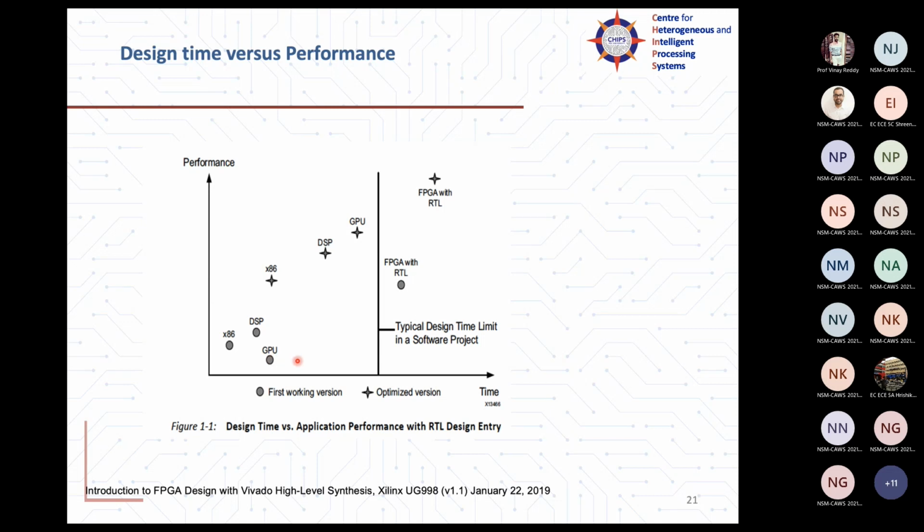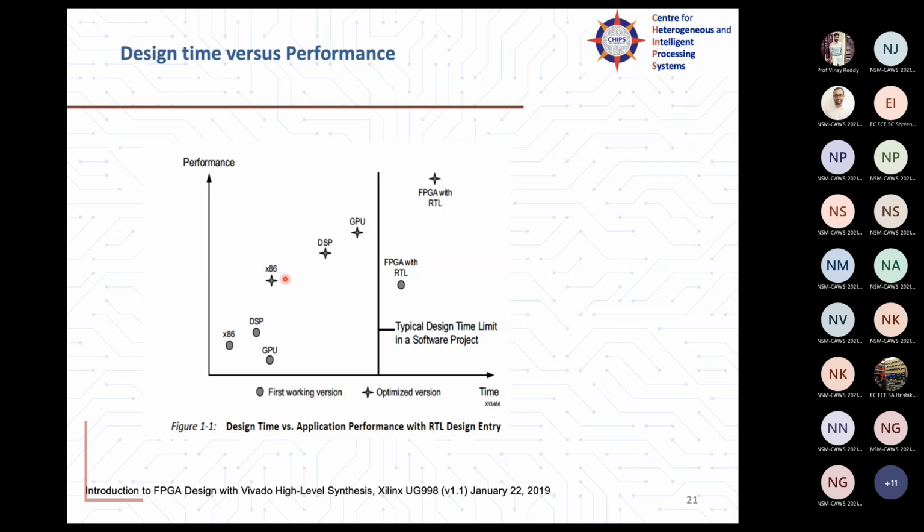And for the same working version on an FPGA, it could take a little longer until you have the first working version, which may actually exceed a typical design cycle in a software project. But if you look at the optimized version in the current form, it is much better in performance as compared to all of the devices, even GPUs.